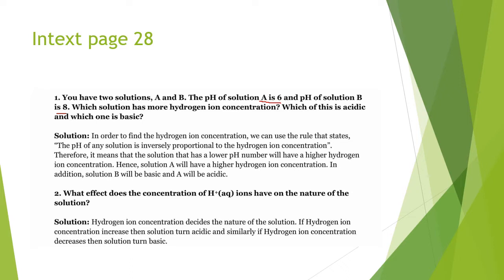So according to this question, as A has a lower pH value, it has higher hydrogen ion concentration, whereas B, as it has a higher pH value, will have lower hydrogen ion concentration and is basic, and A is acidic in nature.